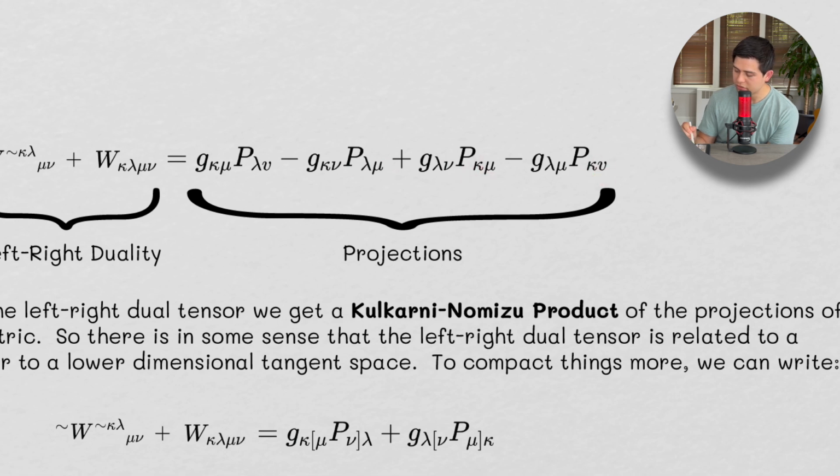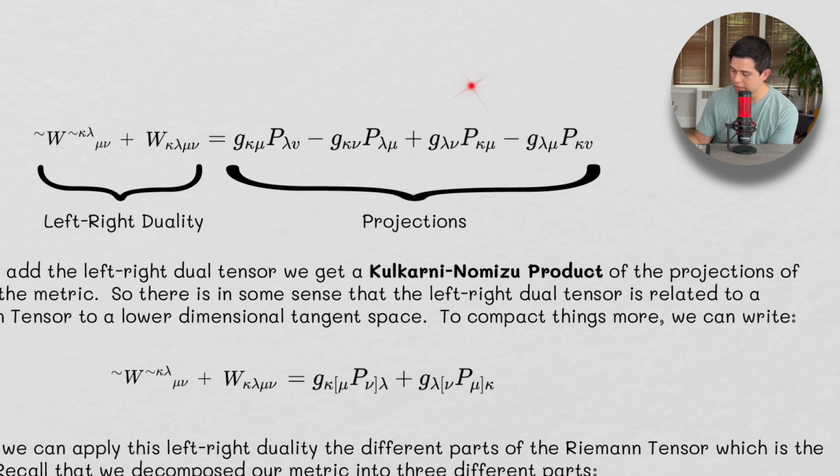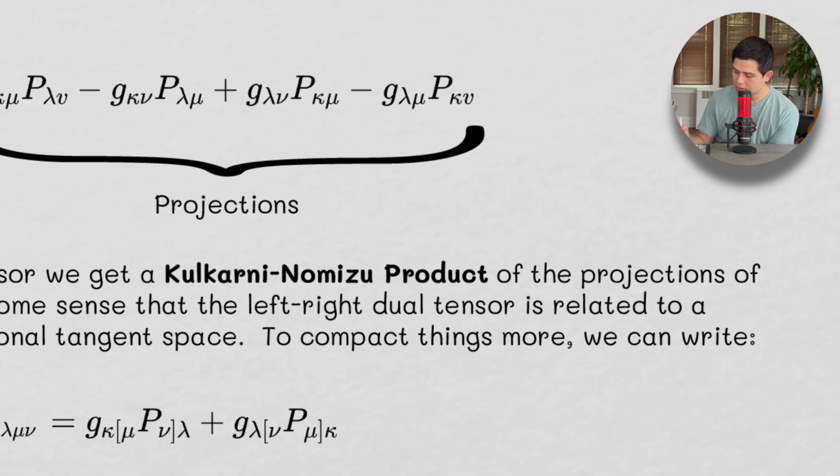So you can see some patterns in here, and then we have kappa nu, kappa mu, lambda nu, and lambda mu. So this is that product. This is the product between P and G. And one way to write this is P like that. Okay.